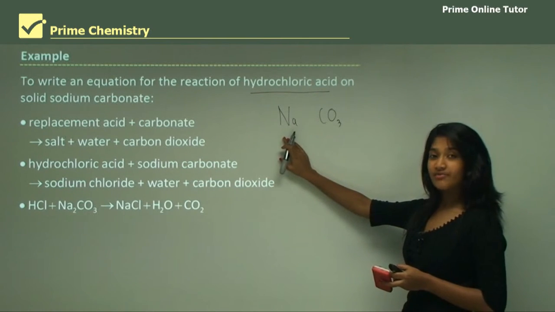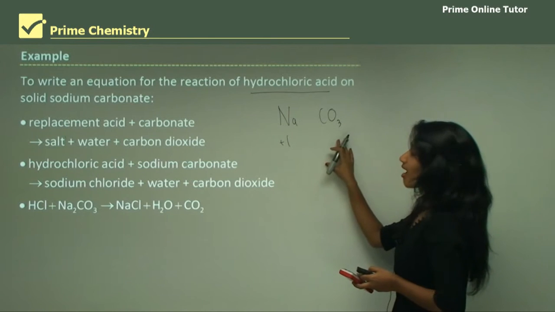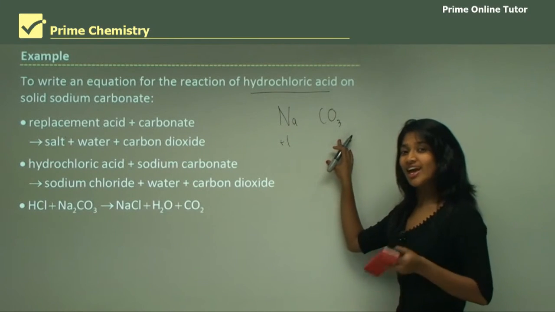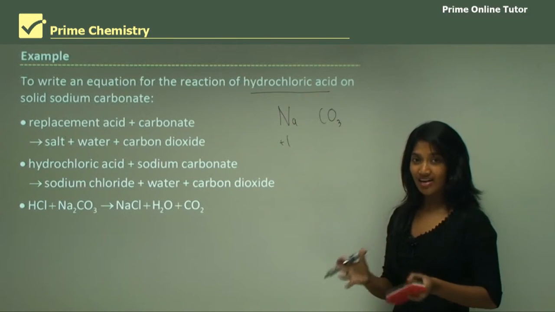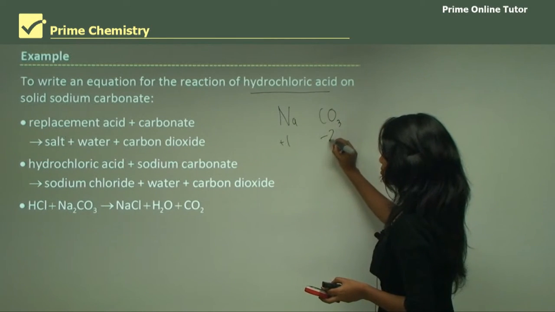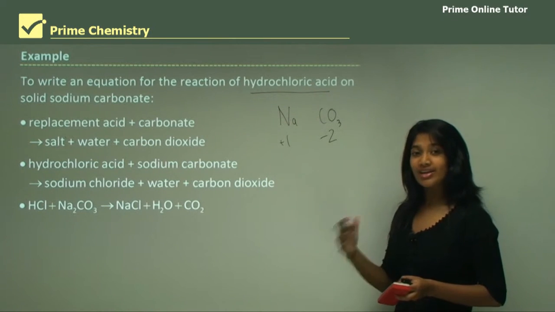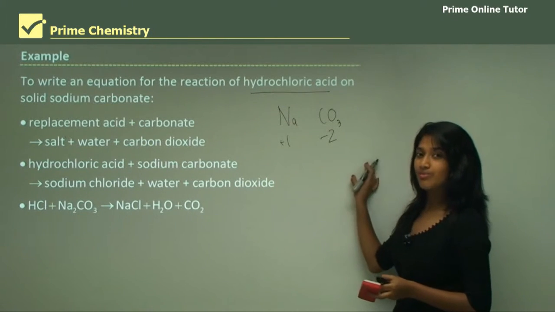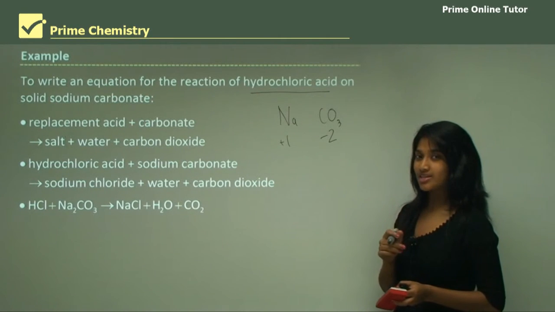Now sodium has a valency of +1 because it's in group 1. And carbonate is one of those ions again that you should remember. So the valency of the carbonate anion is -2. And that is something you should remember and memorize. So write it down somewhere so you remember, along with your hydroxide ion, which has a valency of -1.